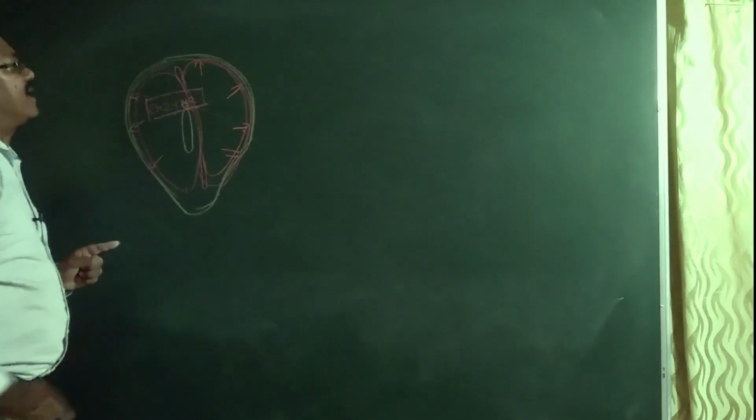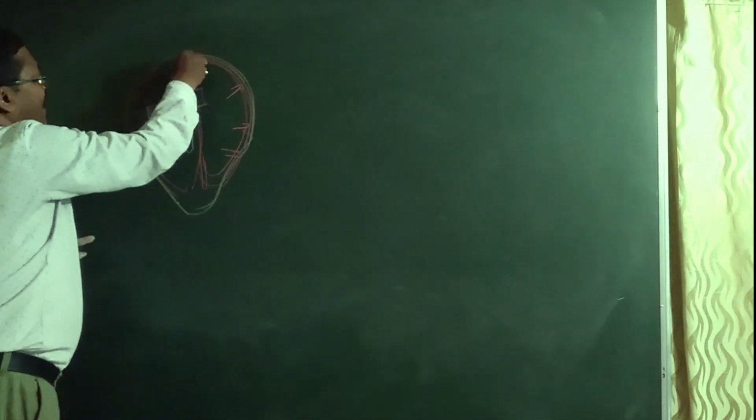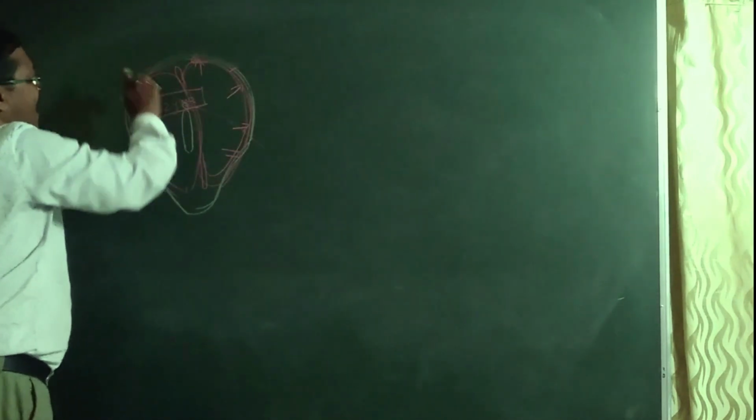Due to this external pressure, the outer seed coat is ruptured, and later it is degraded.